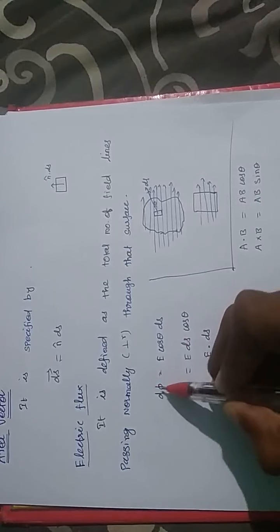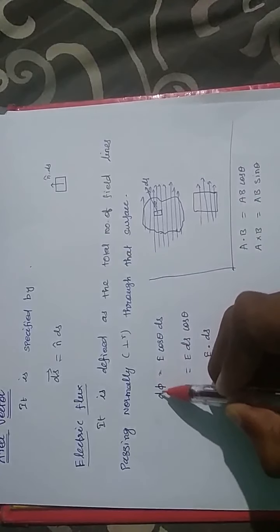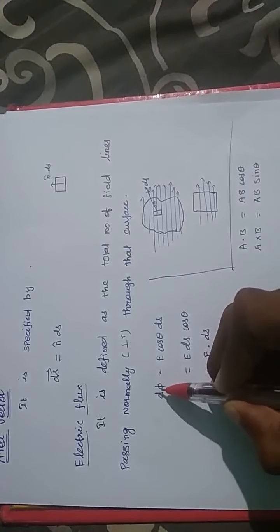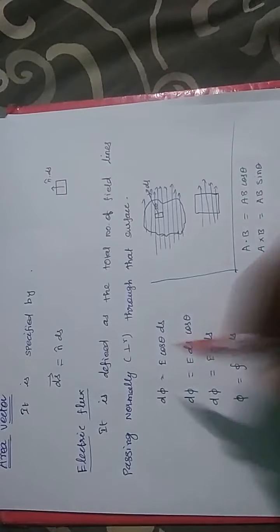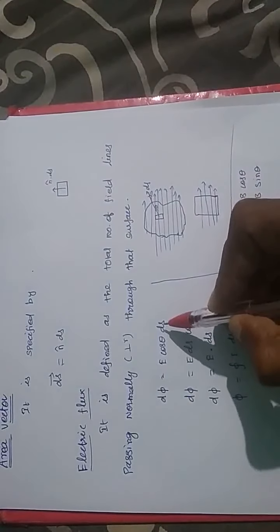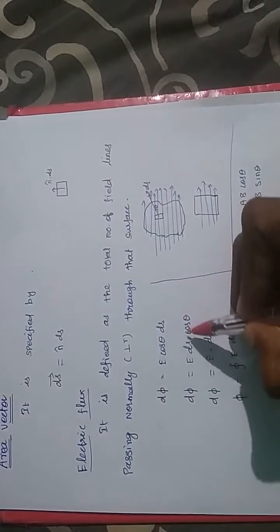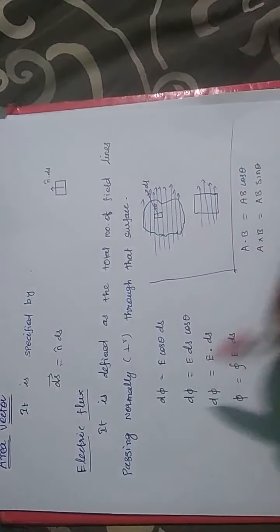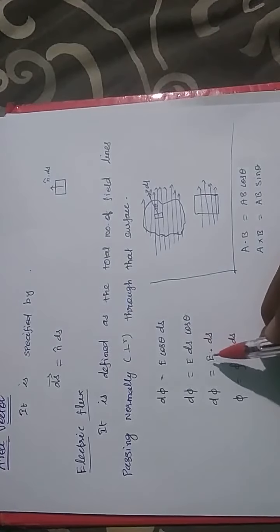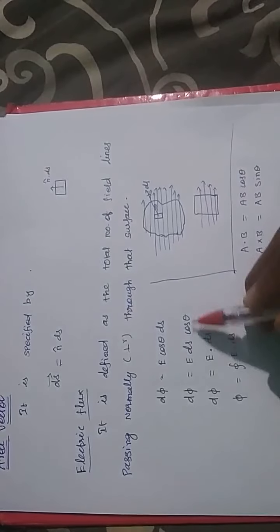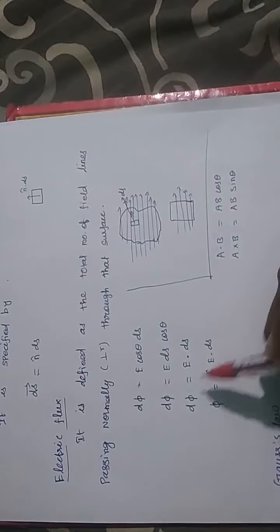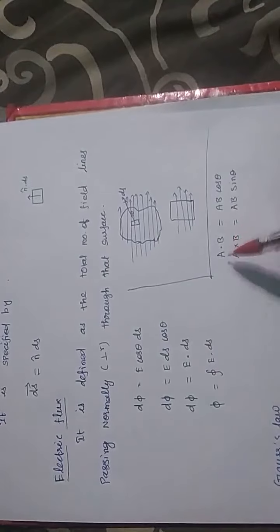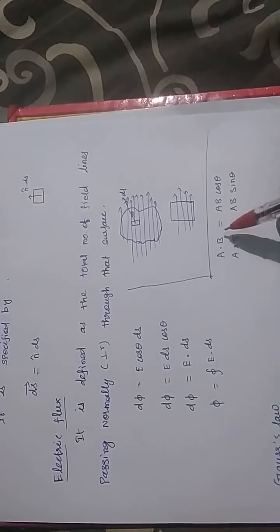The small flux d phi is equal to E cos theta into ds. I'm rearranging the cos theta: d phi is equal to E ds cos theta.